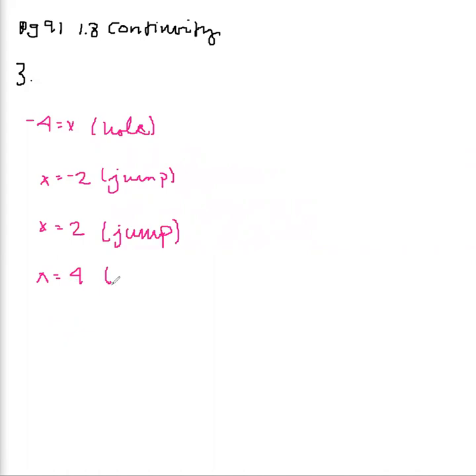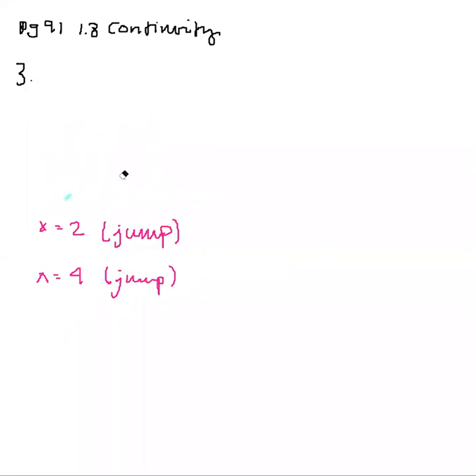If you're coming in from the left, it's going to be going to -infinity, and if you're coming in from the right, the limit is going to be some number on the y-axis. So we're going to call that a jump too. All right, so that's pretty clear. It's probably pretty easy to see where things are with graphs.